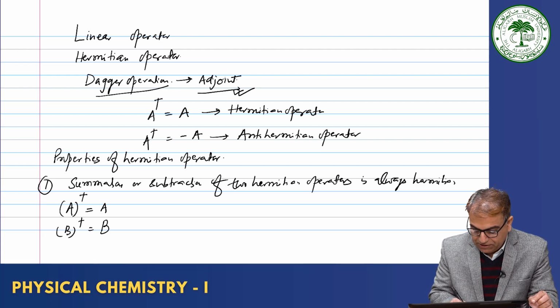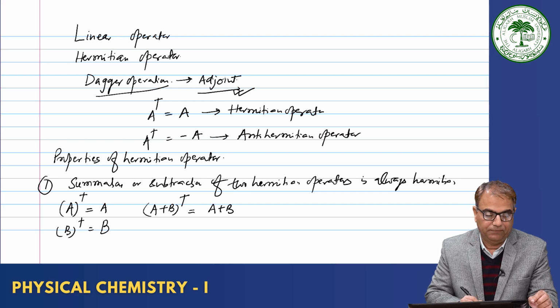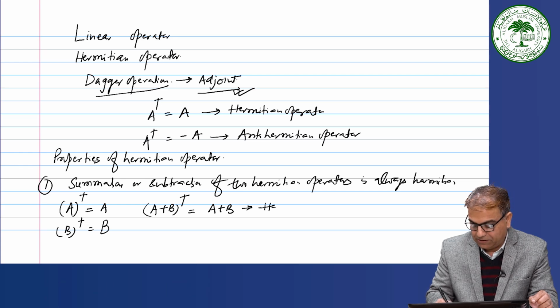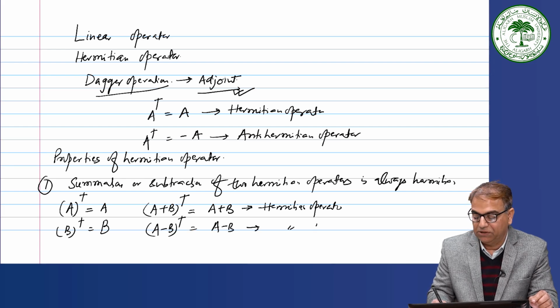If you take the summation of the two operators, A plus B, and you take the dagger of this, it should be equal to A plus B. Then we say A plus B is a Hermitian operator. Or you take A minus B and you take the dagger of this, then this should be equal to A minus B, and this is a Hermitian operator.